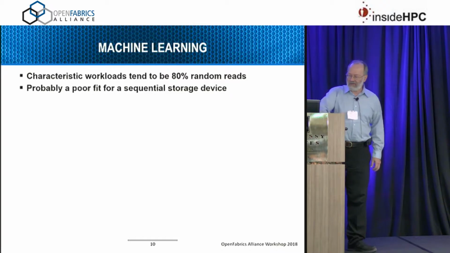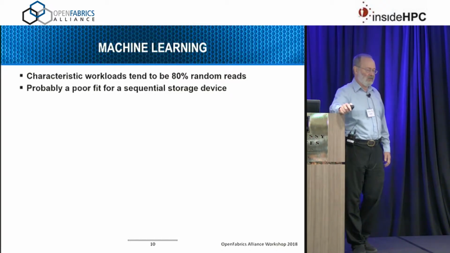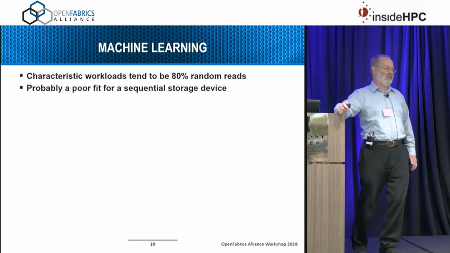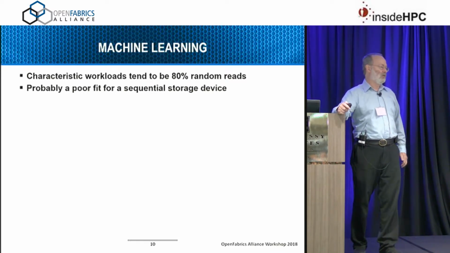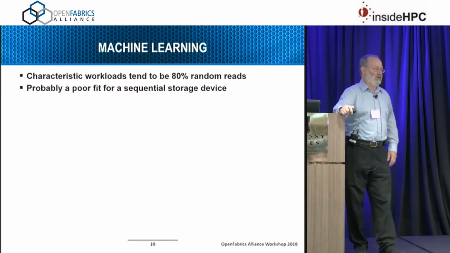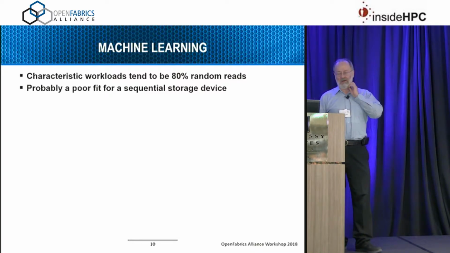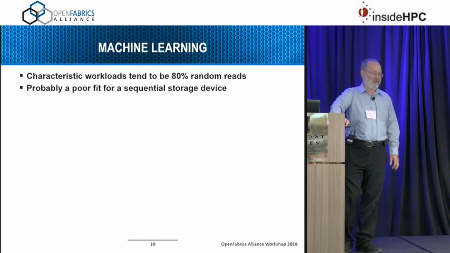Another example is machine learning, where you may have done an ingest of a large amount of data, and now you have to do a mostly read workload, and it may or may not be bulk reads. So that's another case where persistent memory could help. Although it's not a great fit for devices like disk drives that are better at sequential access.